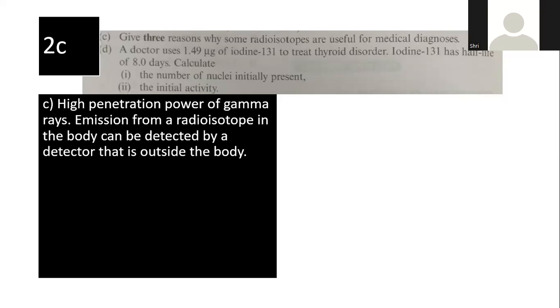High penetration of gamma ray. If you use gamma ray, emission from a radioactive isotope in the body can be detected by a detector that is outside the body.